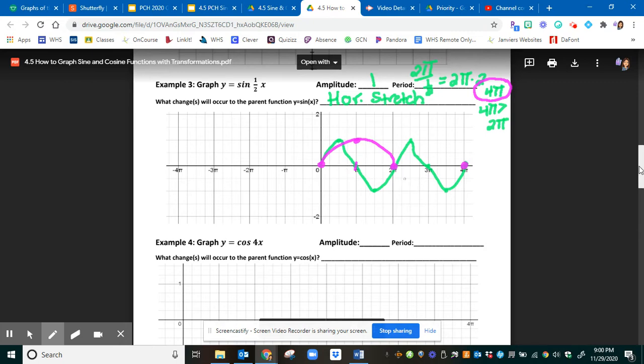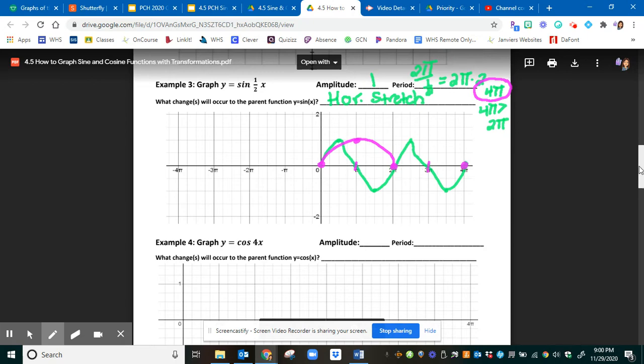Now we know that from 0 to pi, that's like the first quarter of our graph. Then we go from pi to 2 pi. So now I know that from 2 pi, I add another pi, should be at 3 pi, would be my next tick mark, or you can think of it as the halfway point between 2 pi and 4 pi.